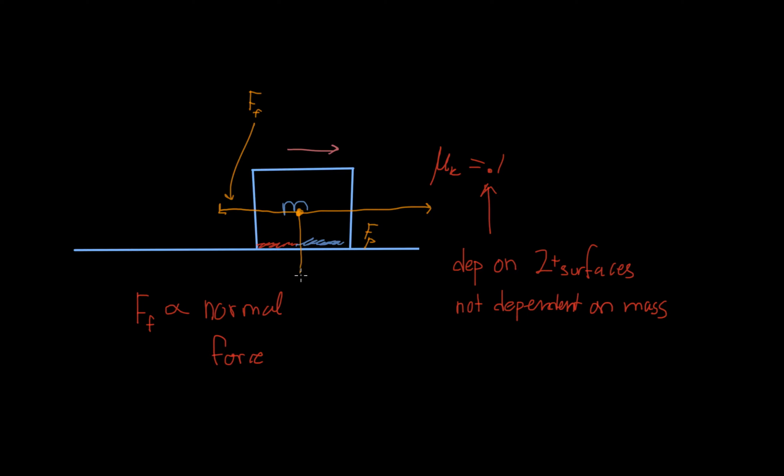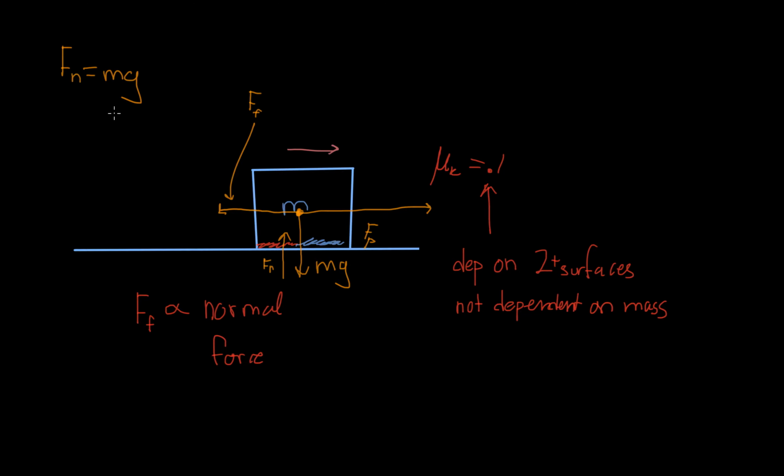And remember, the normal force is equal to the weight, and the weight is mg. So the normal force comes right back at it from the ground. This isn't usually the position you would put it in, but I just want to show you. And this is F normal, which, at least in this case, is equal to mg.